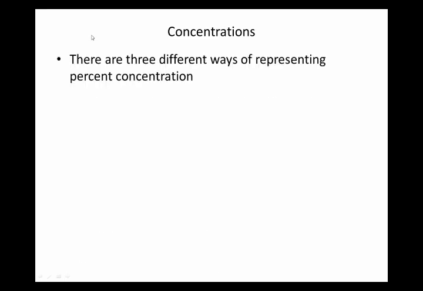A couple different ways to express concentration. There's actually 3 different ways to express percent. And remember, percent is per 100, right? But it totally depends. Am I talking by volume, by mass, by mole? What do I mean? So there's 3 different ways. There's percent by mass, which can also be abbreviated percent m/m.